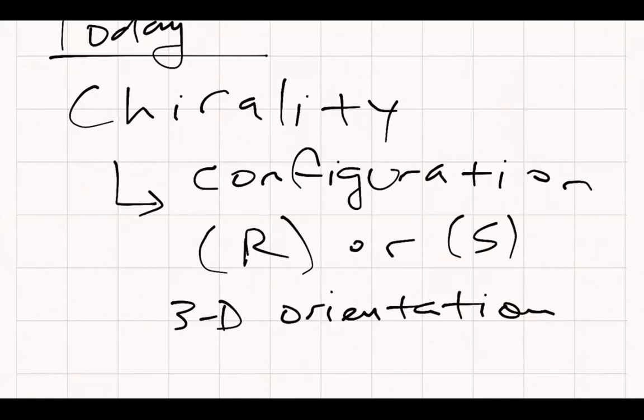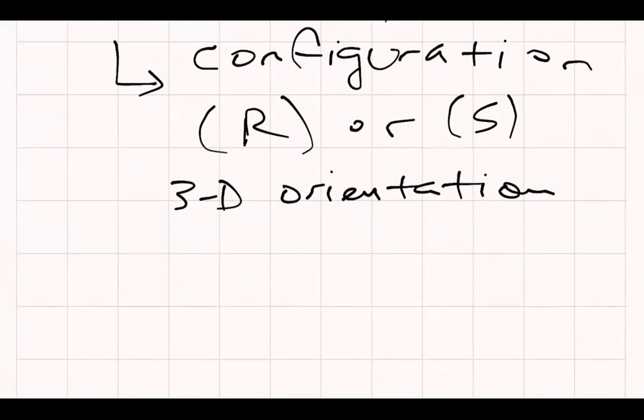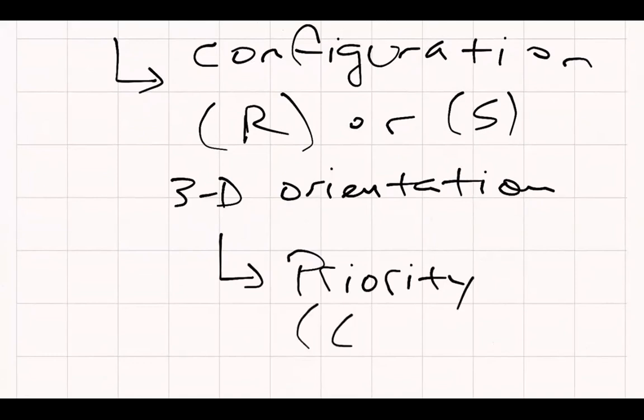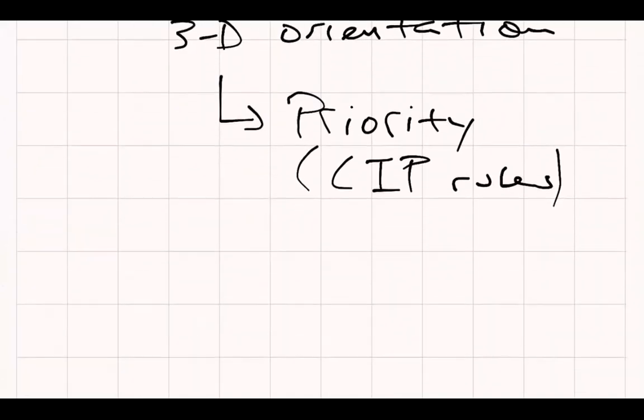All right, and then we're going to also talk about, before we can even assign configuration, we need to know how to assign priority. Right, and that's based on those CIP rules I was telling you to look up the other day. And we'll talk about that, and then we'll talk about the different types of stereoisomers.